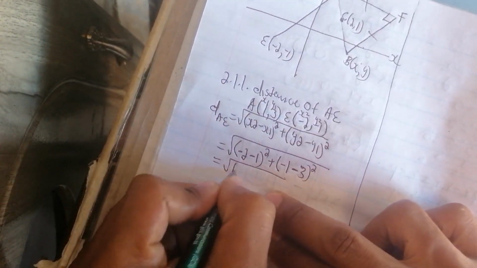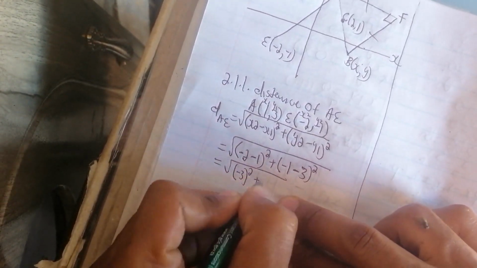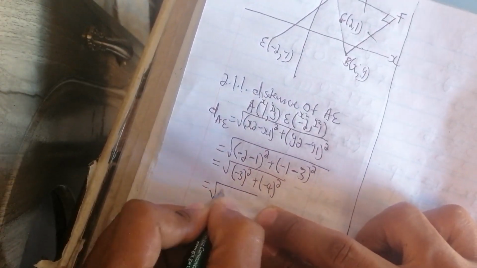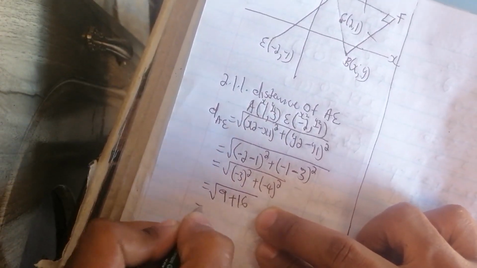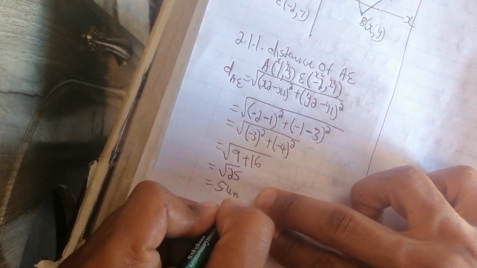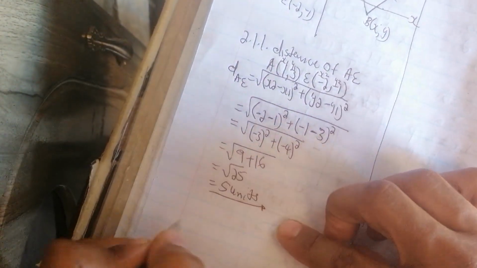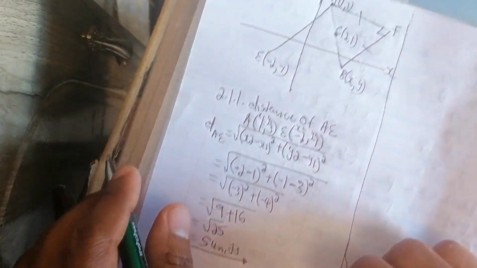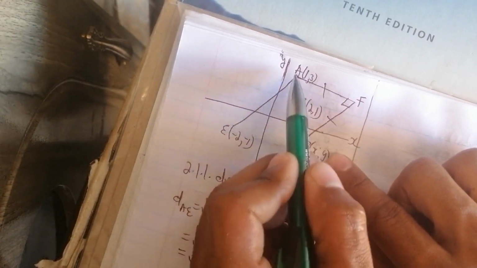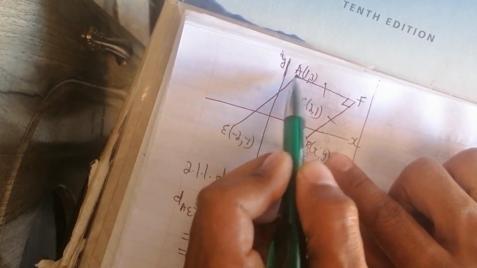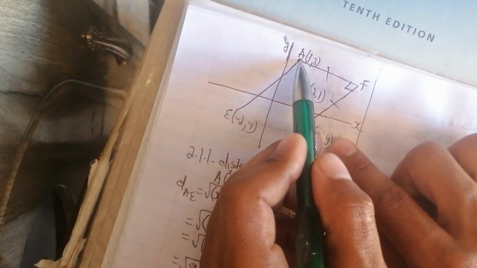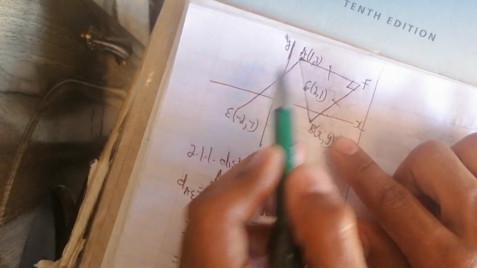I will have minus 3 squared plus minus 4 squared, which is 9 plus 16, 25, which gives 5 units. Remember, it's distance, so it's always positive. The distance that separates these two coordinates is 5 units. It will take you 5 units getting there, 5 units going back.